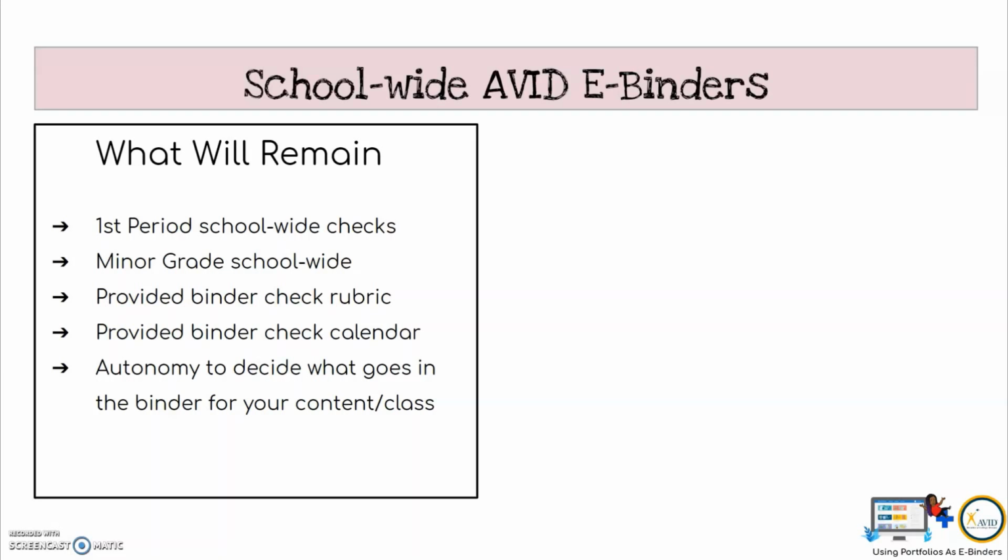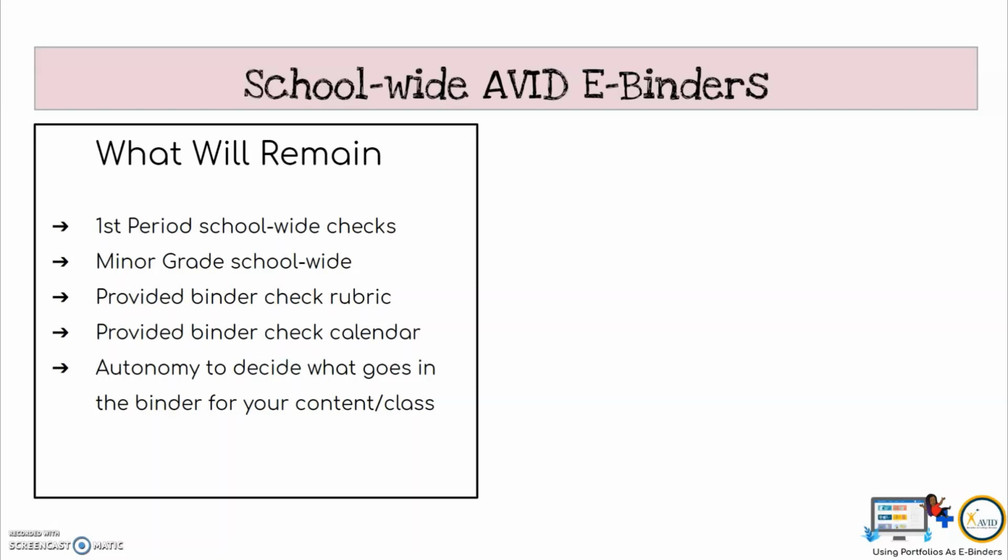So a content team may get together and decide for their section of the binder, the math section, they want to use ISNs. Science may get together and decide for their section of the binder that there are certain grids and rubrics that they want students to have. So every content and every teacher has the autonomy to decide what they want to put in their section of the binder. Perfectly fine.